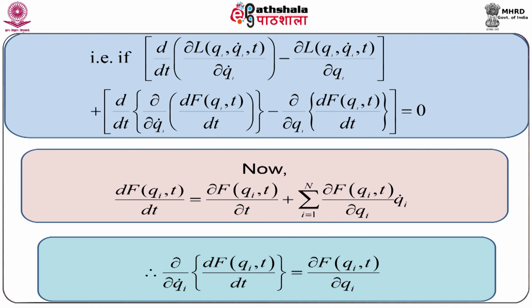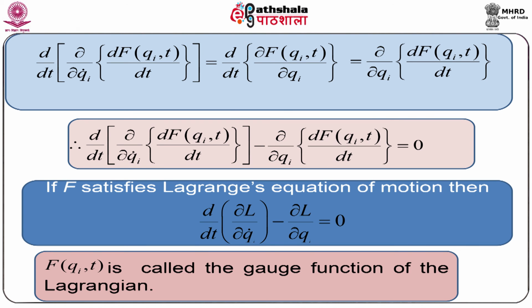So, we only have d/dt of ∂L/∂q̇_i minus ∂L/∂q_i equal to 0. As L satisfies Lagrange's equation of motion, then we have this. So, one can comment that L dash also satisfies Lagrange's equation of motion. Here the function capital F is known as the gauge function of the Lagrangian. F depends on generalized coordinate q_i and time t.